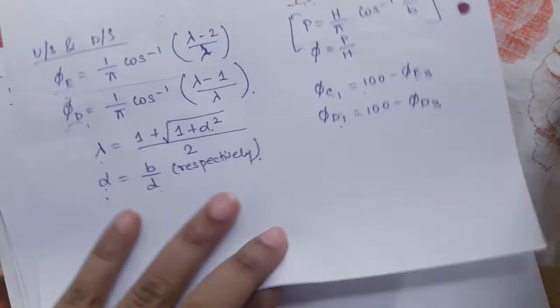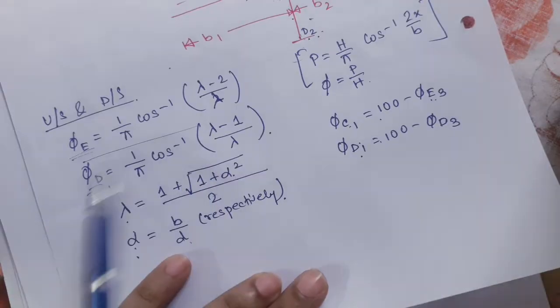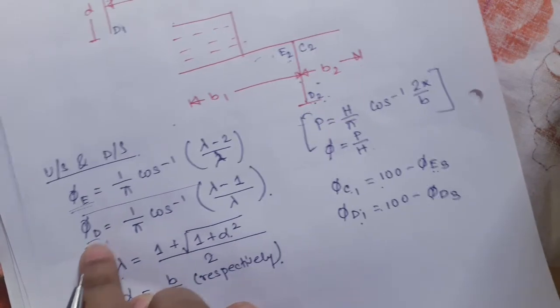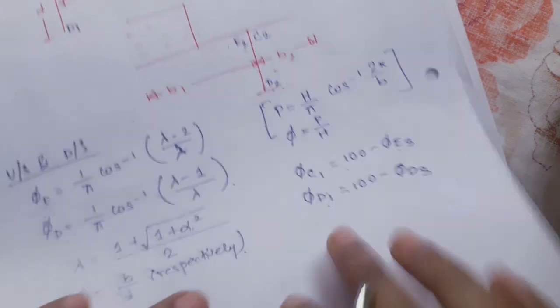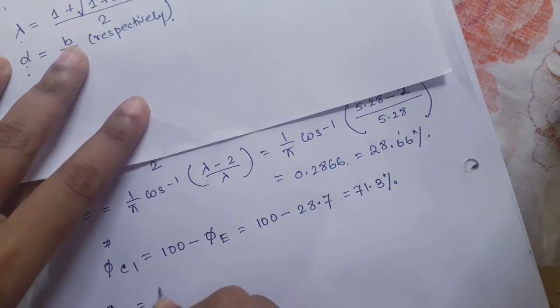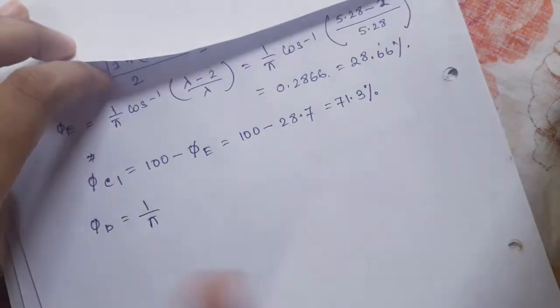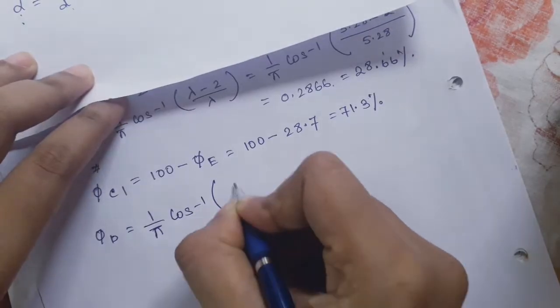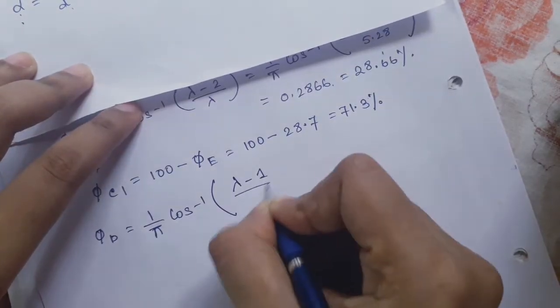Similarly, now just apply this formula again to get the value of phi D: phi D equal to 1 by pi cos inverse of (lambda minus 1) by lambda.